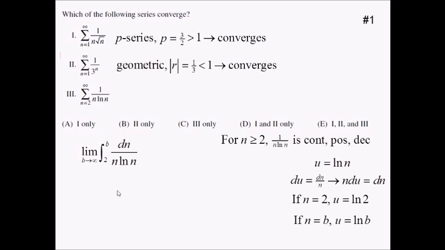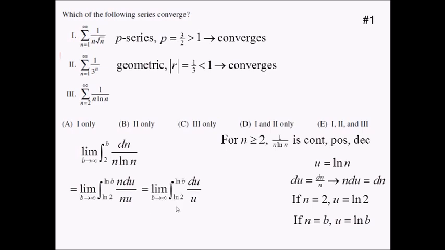So swapping it all out, I have the limit as b approaches infinity of the integral from ln of 2 to ln of b. Instead of dn, I've got n du, and instead of ln of n, I'm swapping that out for u. So four places I make substitutions. Cleaning this up a little bit, these n's are going to cancel, so I just have du over u.